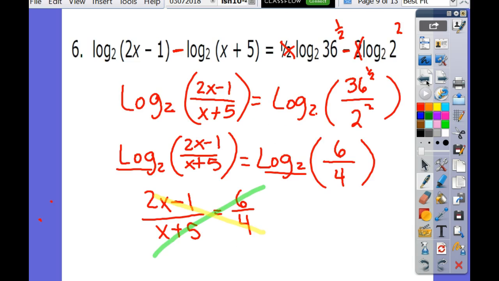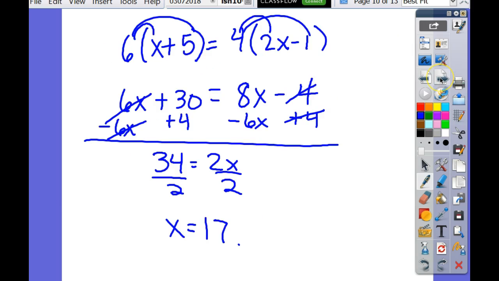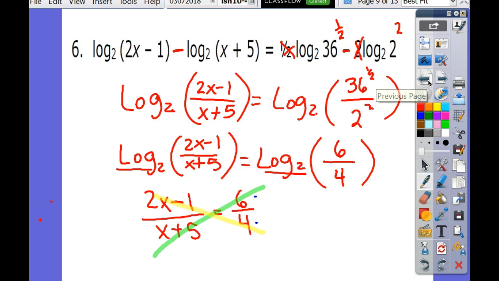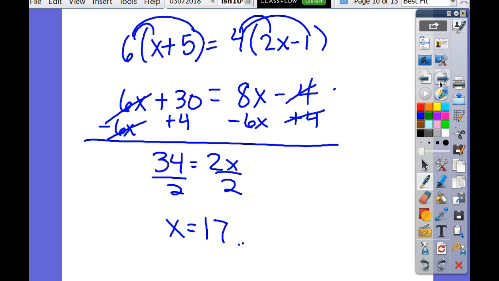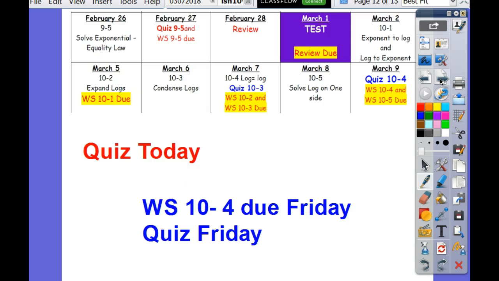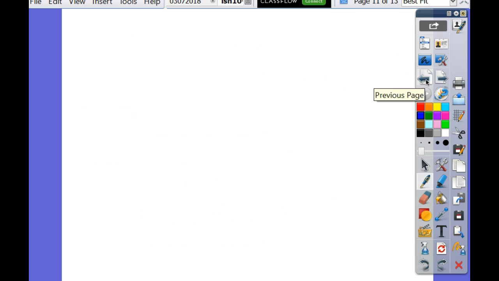If I reduce this to 3 over 2 in this step right here, I would have smaller numbers, but I would get to the same answer in the end. So if you choose, you can reduce that to lowest terms, and you'll get to the same answer. And so that concludes your notes for today.